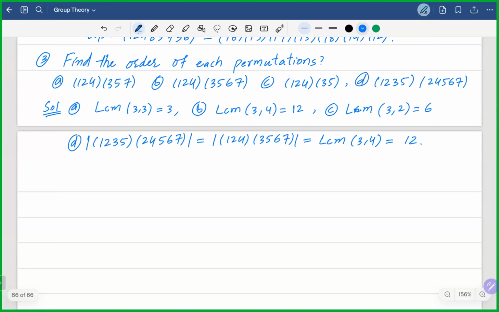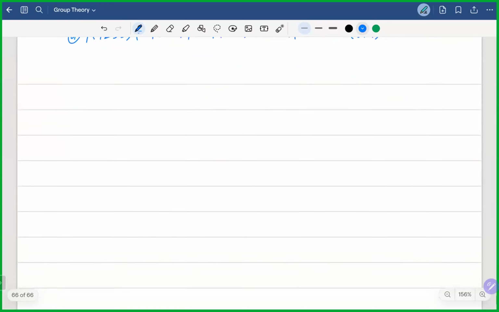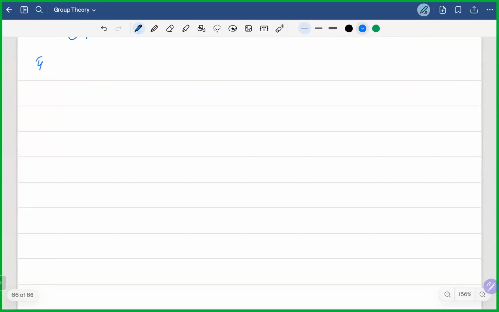Now, what are the possible orders for elements of S6? That kind of question we have done previously.